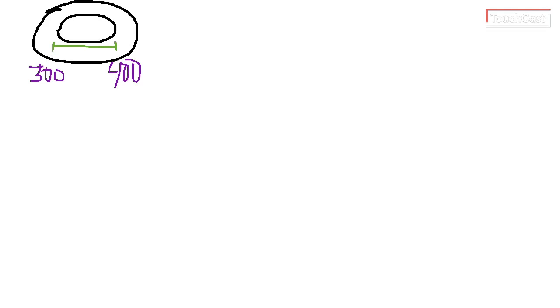So in this scenario, our person ran from the 300-meter mark to the 400-meter mark in 11.6 seconds. It's a very realistic time in track. And so what I want to know is what was their average velocity.